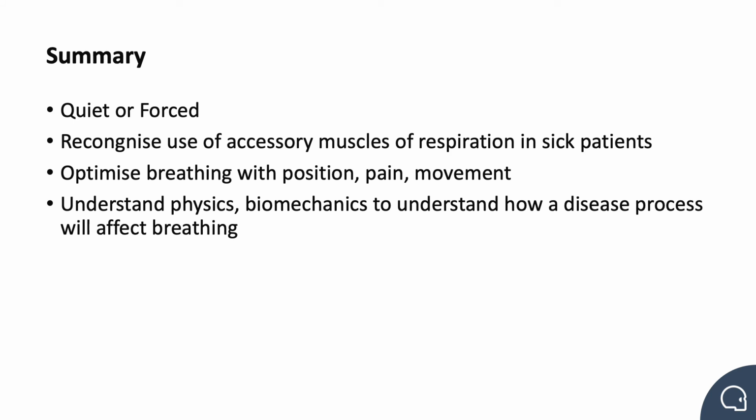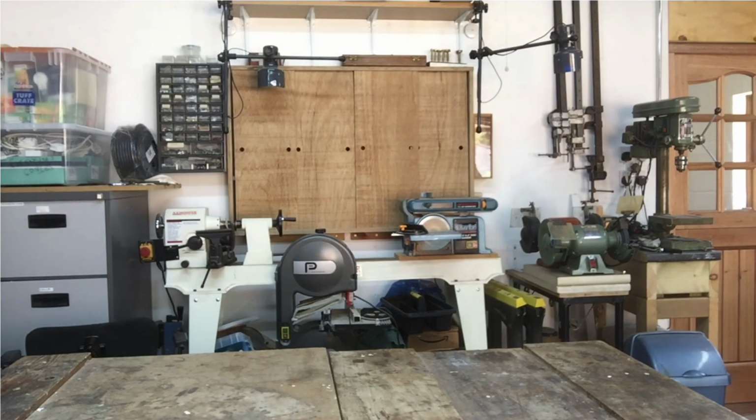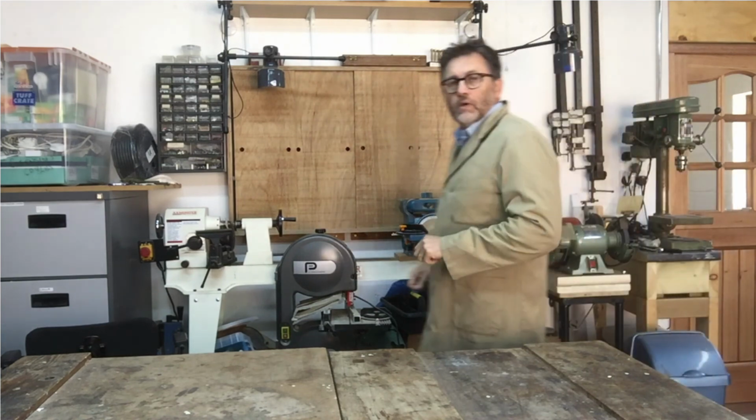We'll go to the shed to summarise what we've learned. So what have we learned from the shed? Well, breathing's not just about chest movement. We've seen it involves the upper limbs as well, particularly in forced respiration.